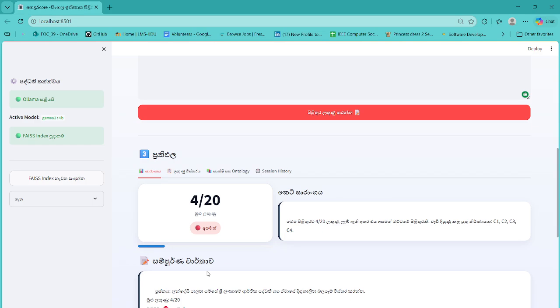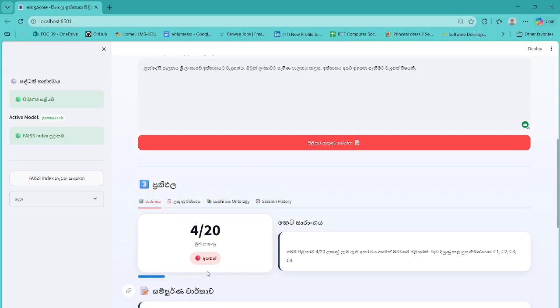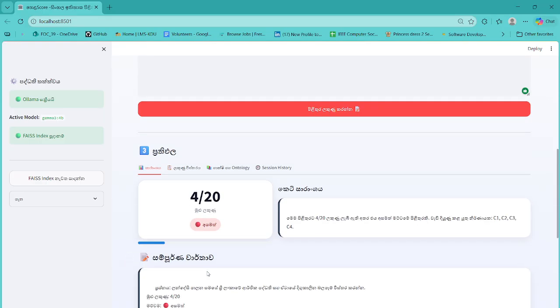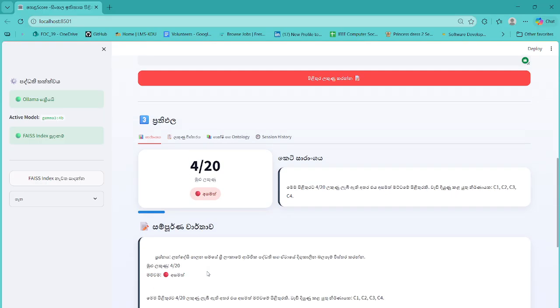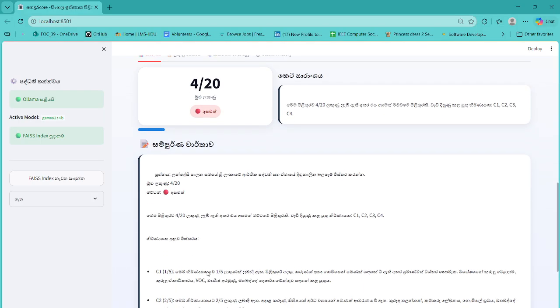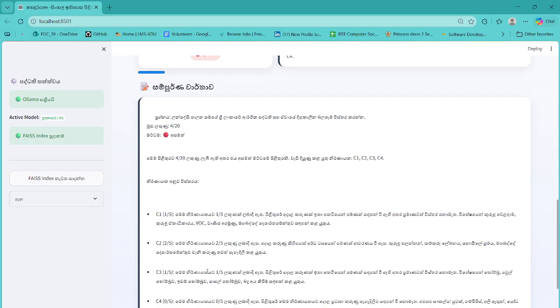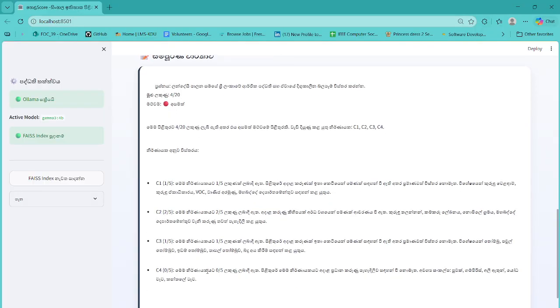The answer is vague. You can see the answer is really vague and does not explain the required economic system or long-term effects. So hence the lower score. And let's see the breakdown here. The system gives a significantly lower score, so the breakdown shows the answer does not cover the expected marking criteria.